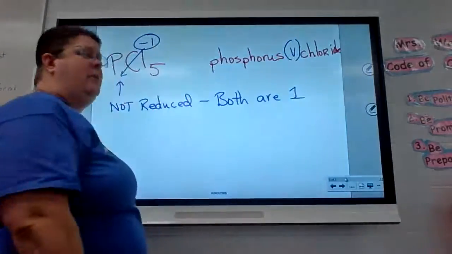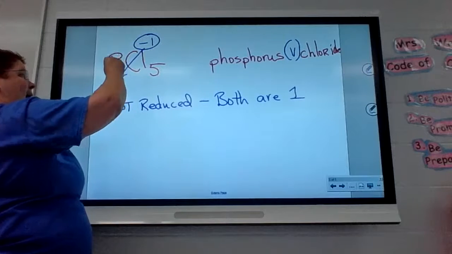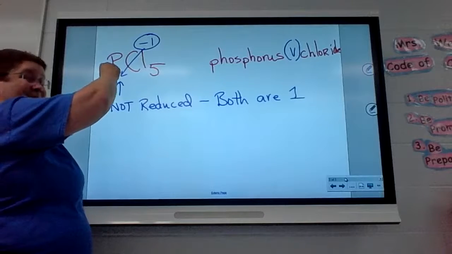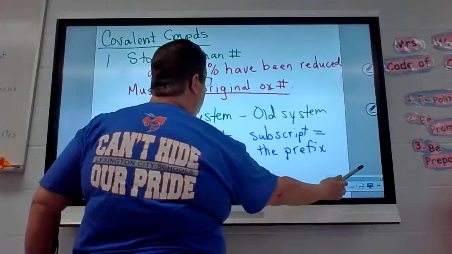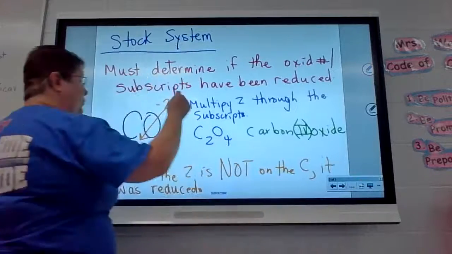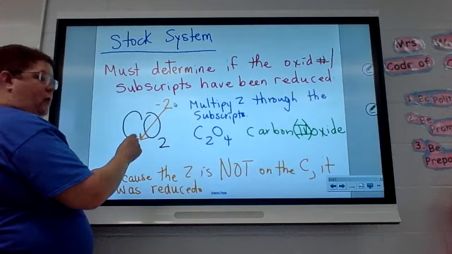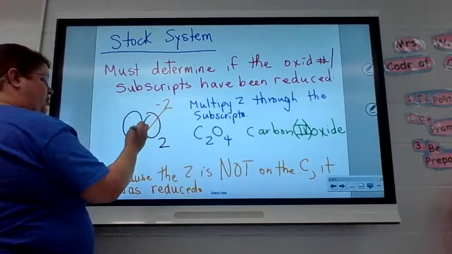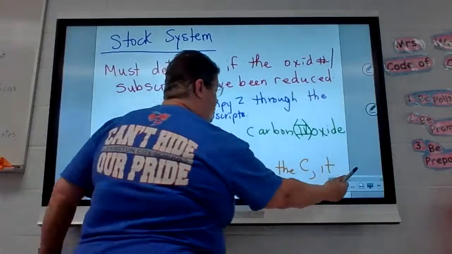The only time it's reduced is when you look here and here, and they're not the same. So if we go back here to the first one I did, this was a 2, and this was a what? What is it if nothing's written? It's a 1. So if it's a 1 and that's a 2, are they the same? It was reduced.